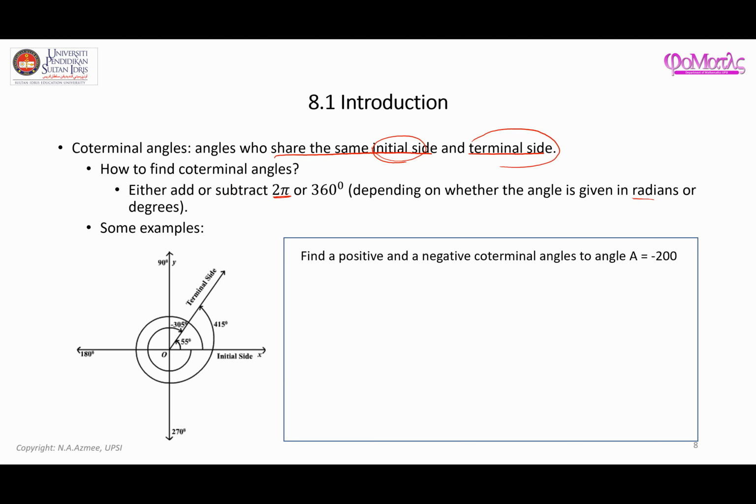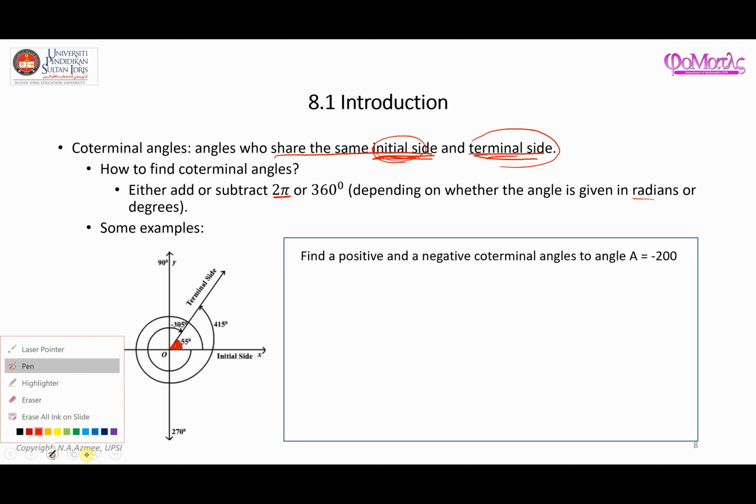Now, I'm going to show you a simple example for this diagram here. You can see that this is 55 degrees. Coterminal angles, according to the definition, are the angles that share the same initial side and terminal side.